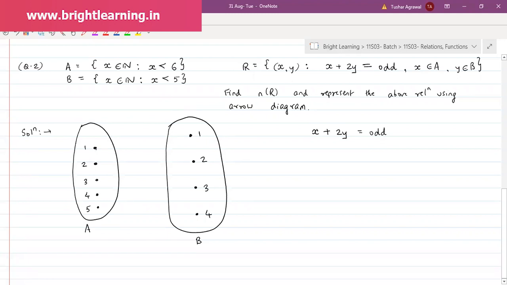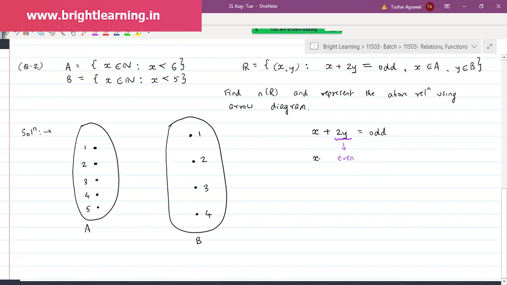Not like, I will take one, pair it with one and see whether the addition comes out to be odd, then pair it with two and check, then the element two I will pair with one, then with two and see whether x plus 2y is odd. Such pairings will take a lot of time. So just observe that irrespective of the value of y, this 2 times y will always be even.